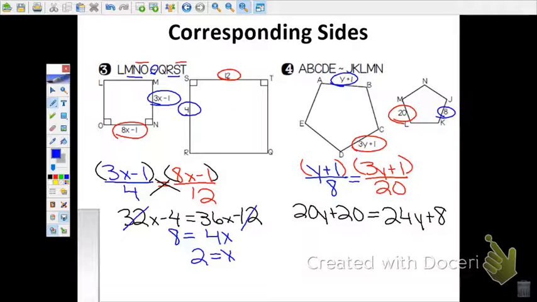So I'm going to get rid of the 20y's. So I subtract, and I'm left with 4y, which means I'm going to get rid of 8. So I subtract 8 from 20, which gives me 12. So y is equal to 3.